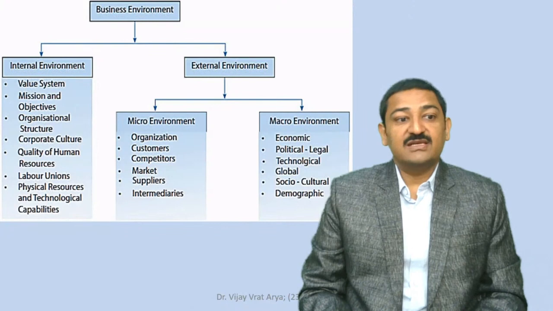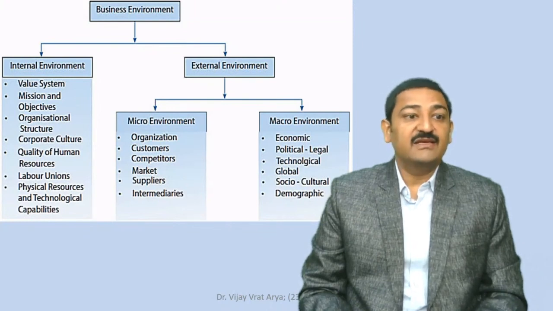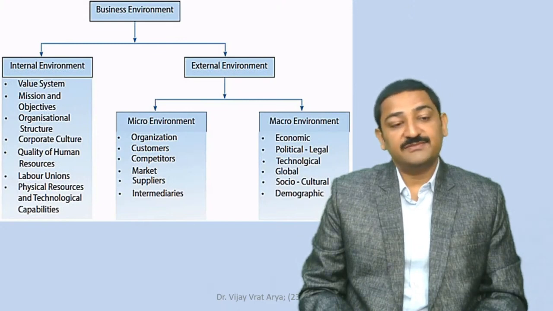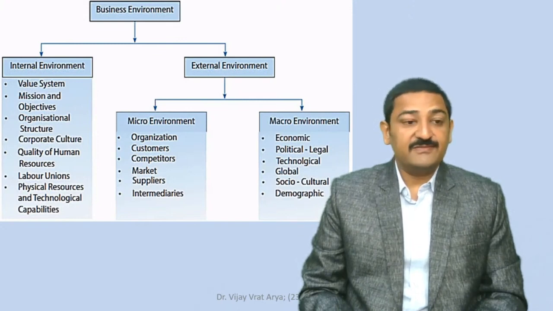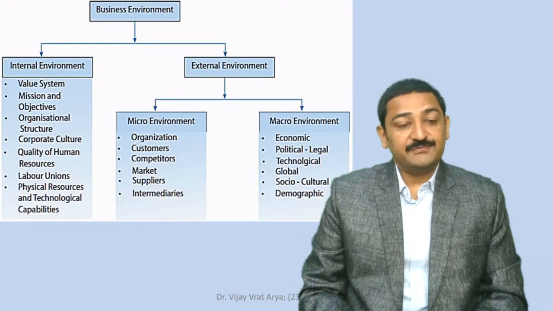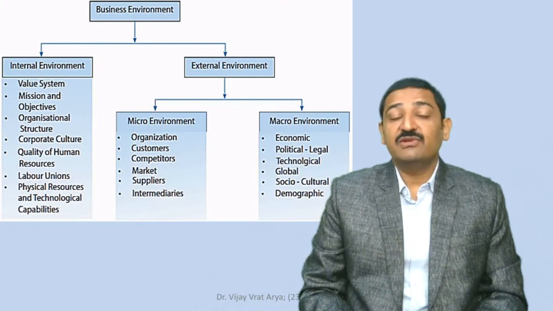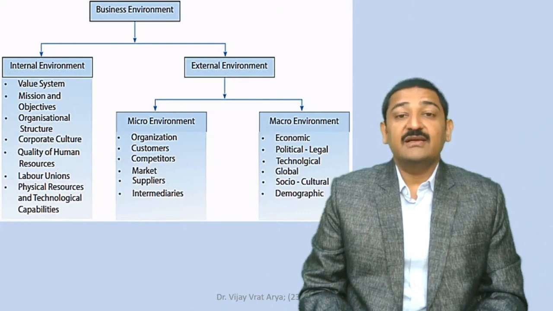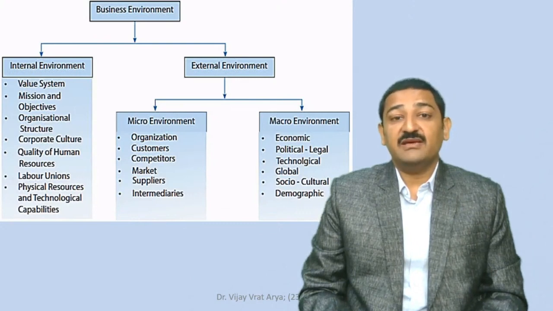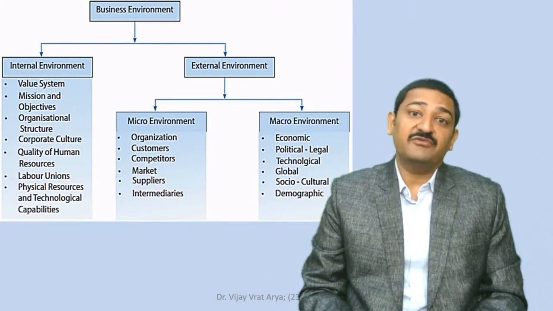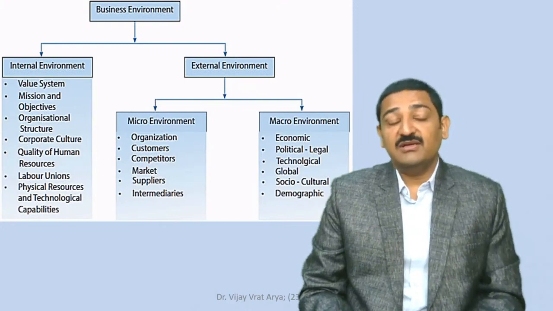If we refer to the internal environment, it is something which the organization can directly refer to. The organization can monitor and analyze it from its own resources, like the value system, mission and objectives of the organization, organizational structure, corporate culture, the quality of human resources, and the scope of making improvisation, which are part of the internal environment.